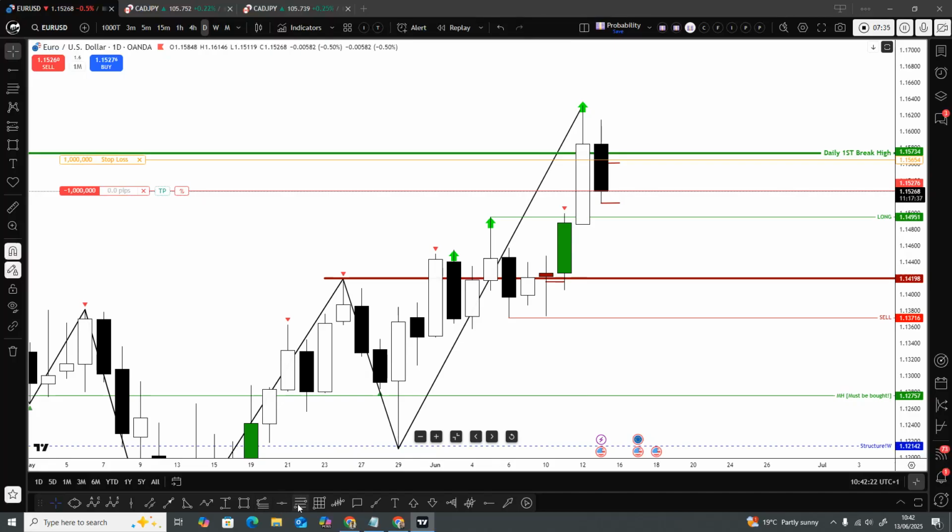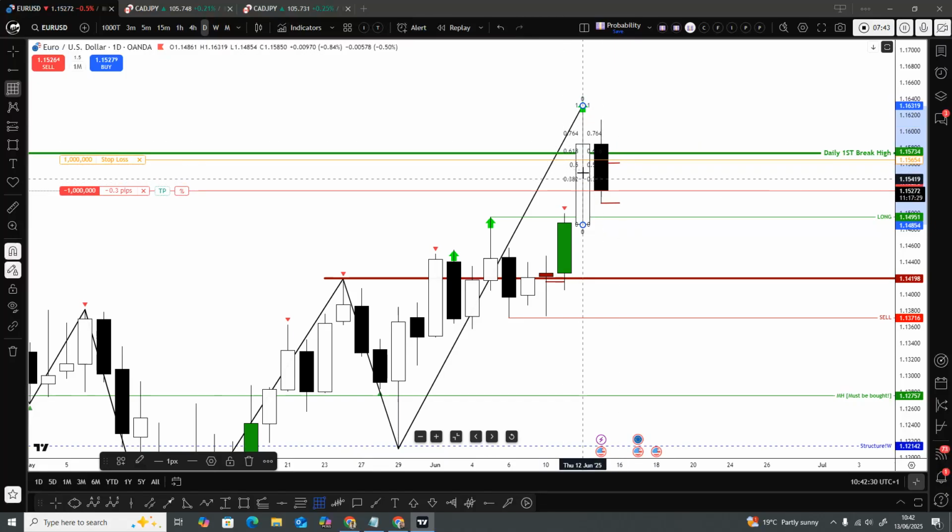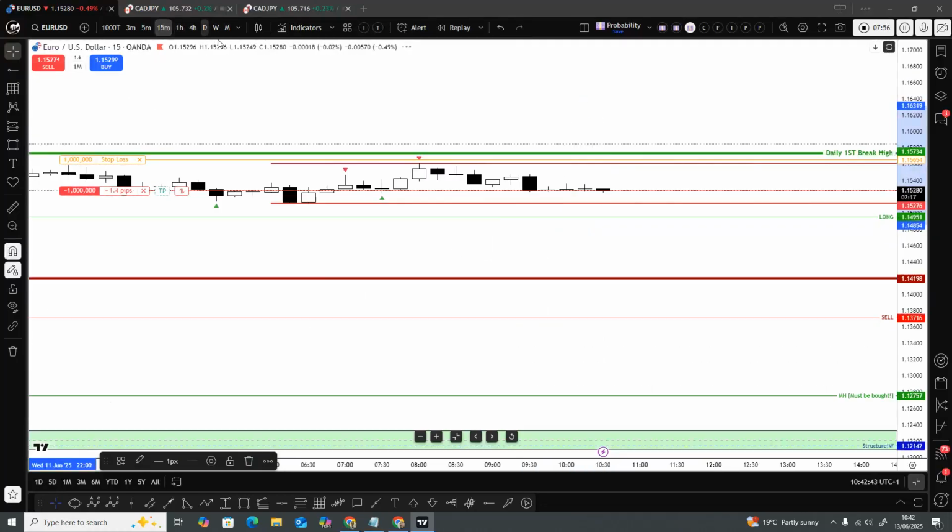Let's do that exercise. We have the time. Let's use this one. Yes, we've come below the 50% of yesterday, more than 61.8% as well. So that is a good indication that we are having a strong pullback.